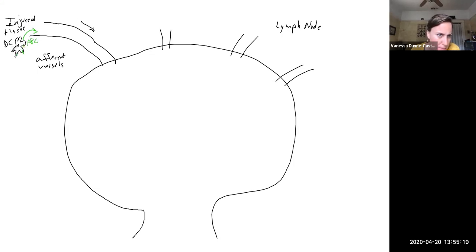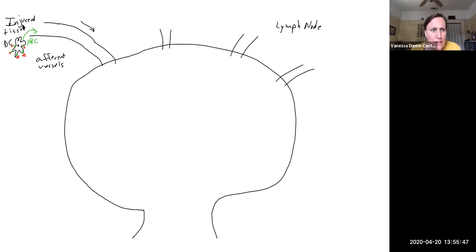So they're going to be fully loaded, and I'll put some receptors on the surface here. If you recall, we have MHC class 2 receptors on antigen presenting cells, but I'm going to kind of confuse you a little bit and tell you that we also have MHC class 1 on these antigen presenting cells too. So here's a whole bunch of antigens that these guys picked up, and they're going to be bringing all of those antigens presented on their MHC class 2 receptors into this lymph node.